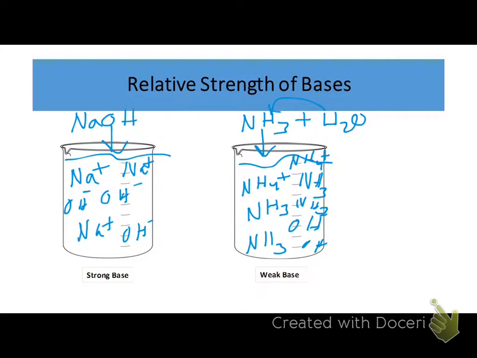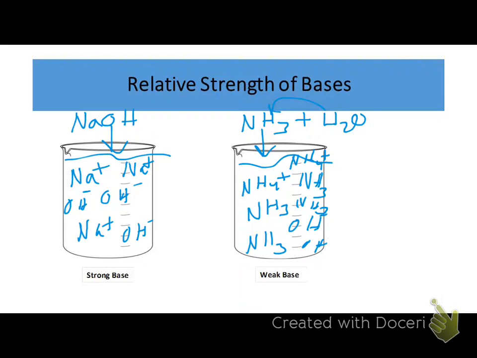So even though we'll have some conjugate acids and conjugate bases in there, most of it will again stay as ammonia, NH3. So what we're saying is that strong bases completely accept hydrogen ions and dissociate completely in water, breaking down into cations and hydroxide ions.